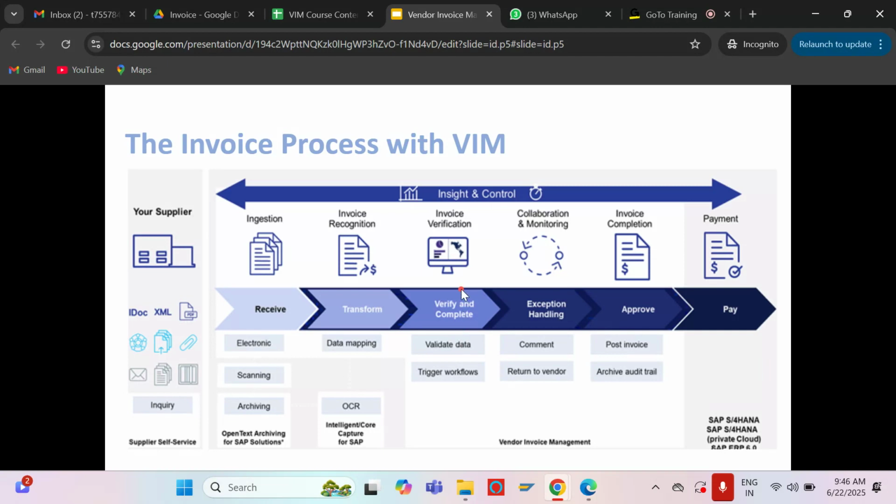It will be done automatically. Based on whatever issues the invoice has at the verification step, the system will trigger the workflow to the particular role who is responsible to take action.